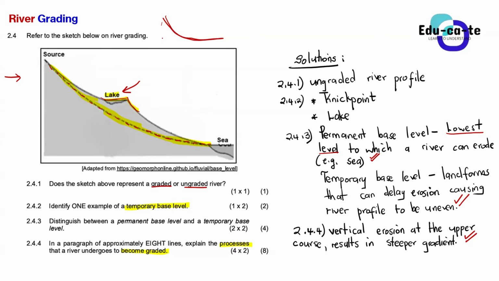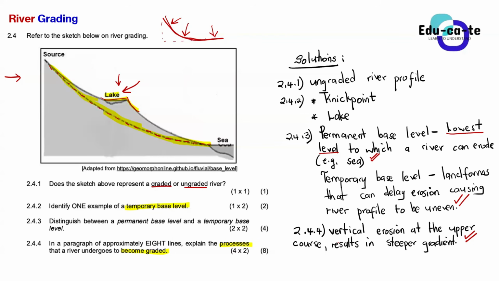So you just need to explain something that has to do with a steeper gradient on top, a gradual gradient in the middle, and then a gentle gradient at the lower course. And then after that, you can explain furthermore how we actually get rid of this temporary base level, such as the lakes. How do we get rid of them? Okay, all of that. So vertical erosion is one of the processes that happens at the upper course.